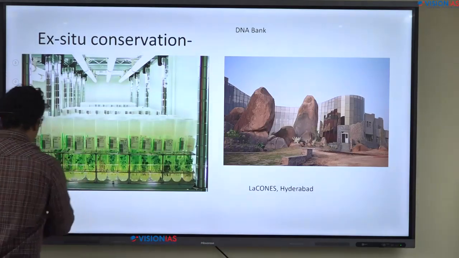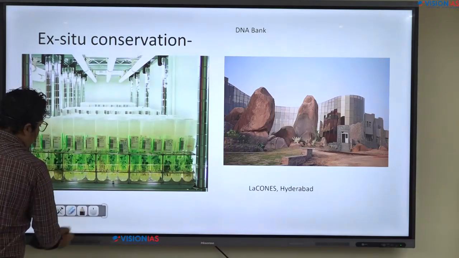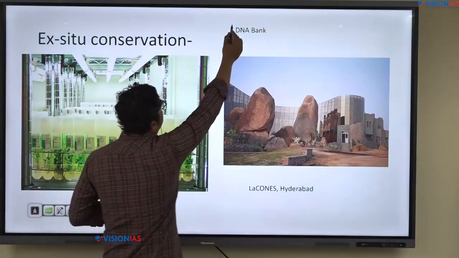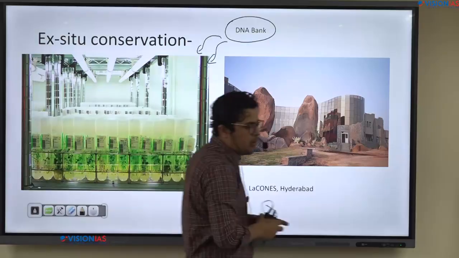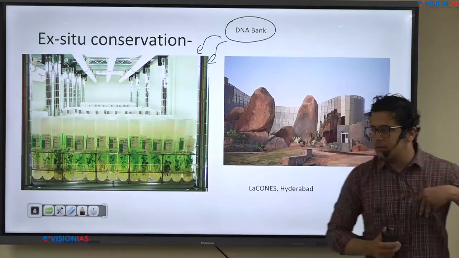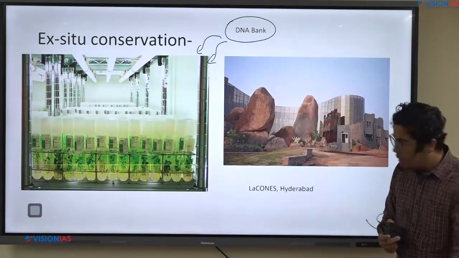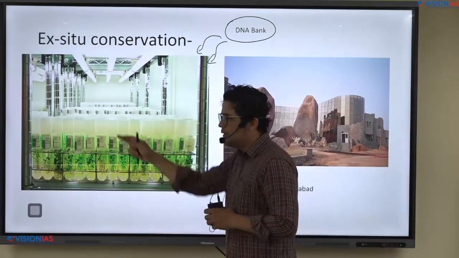Ex situ conservation. An example can be taken: a DNA bank. In a DNA bank, what happens? As you can see in this image, what is happening here in this DNA bank?